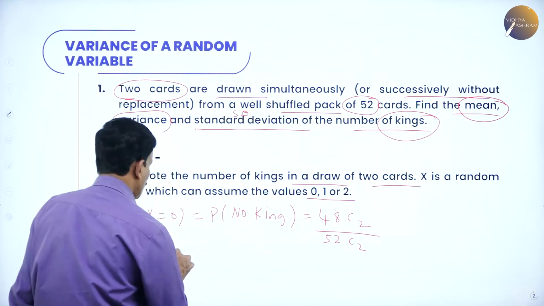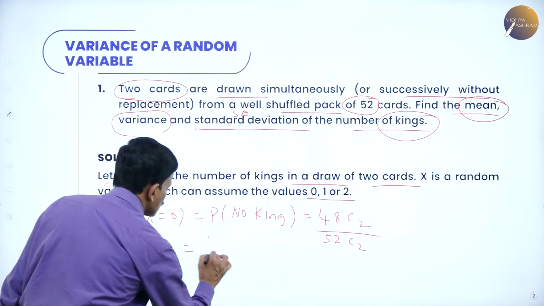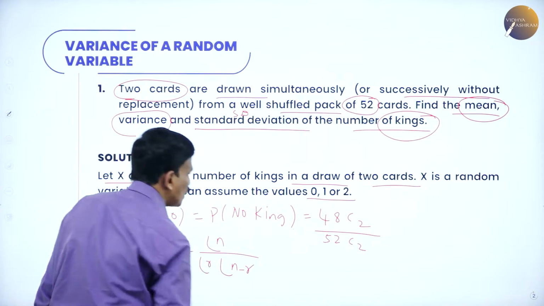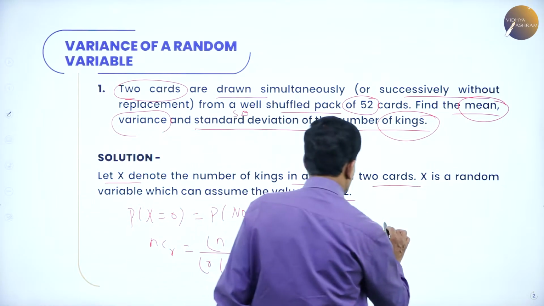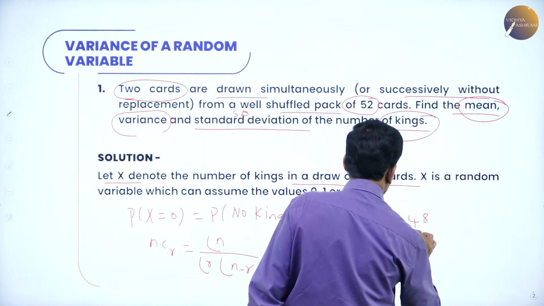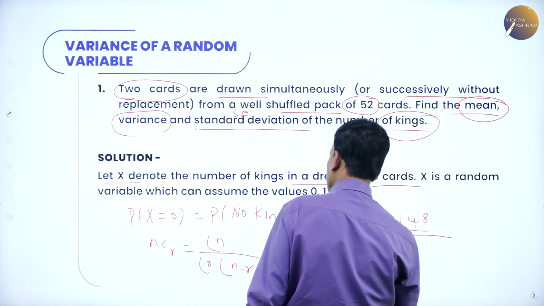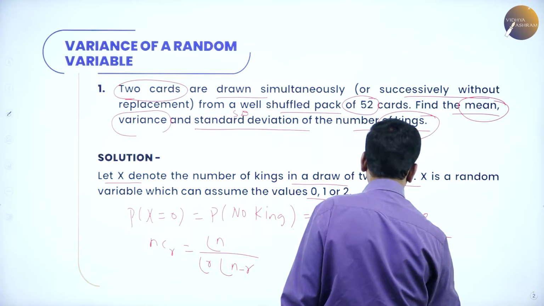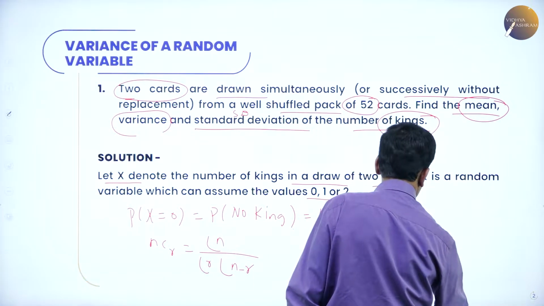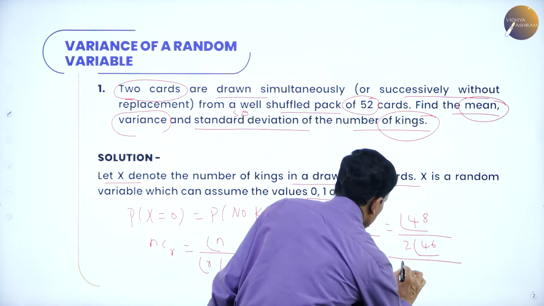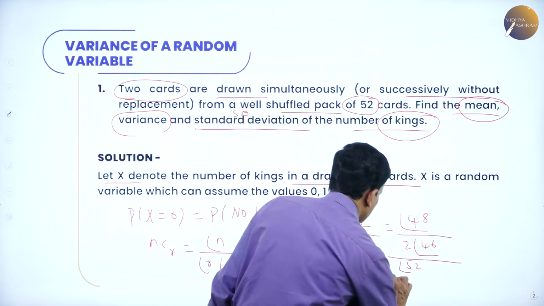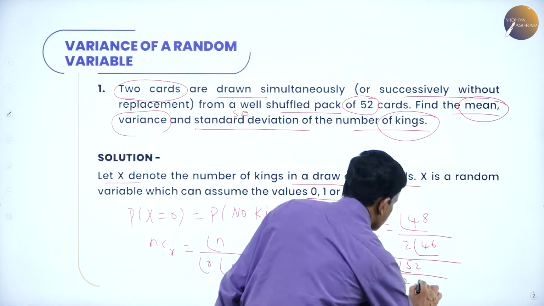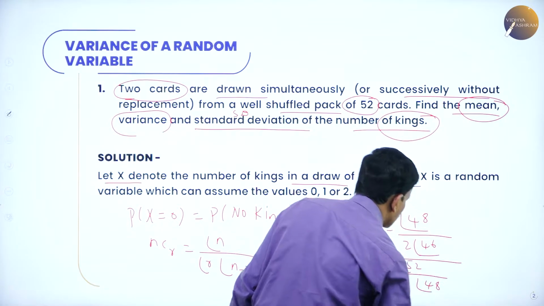We know the formula for nCr. nCr is equal to n factorial divided by r factorial into (n minus r) factorial. So this can be written as 48 factorial divided by 2 factorial into factorial of 46, divided by 52 factorial divided by 2 factorial into factorial of 50.